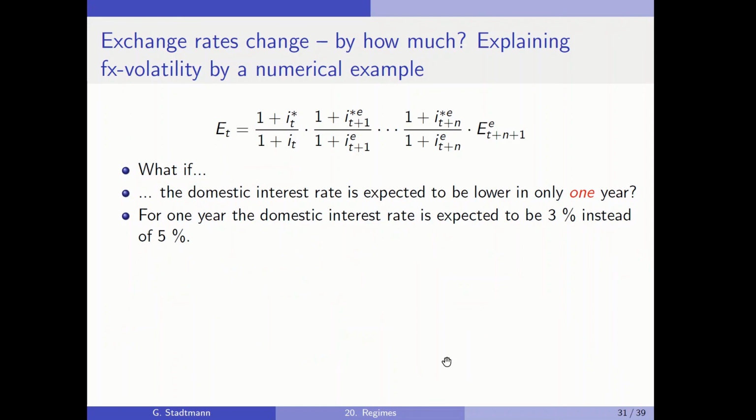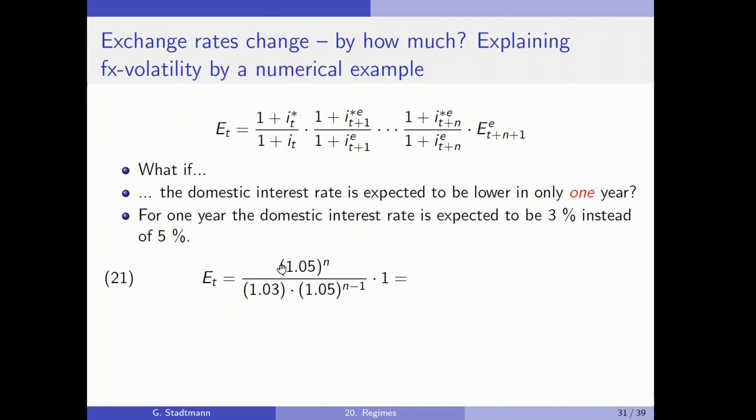Let's assume now that a shock occurs and we ask the question, what happens if the domestic interest rate is expected to be lower in only one single year? So in one single year, the domestic interest rate is expected to be 3% instead of 5%. By how much does the exchange rate react? This can be computed as follows.